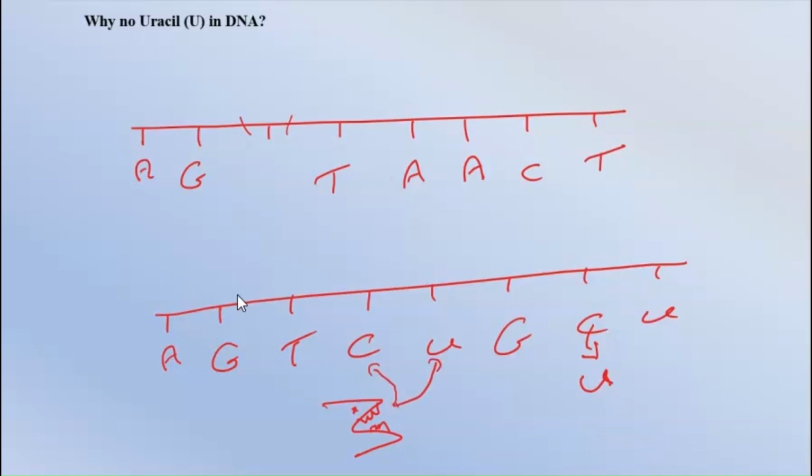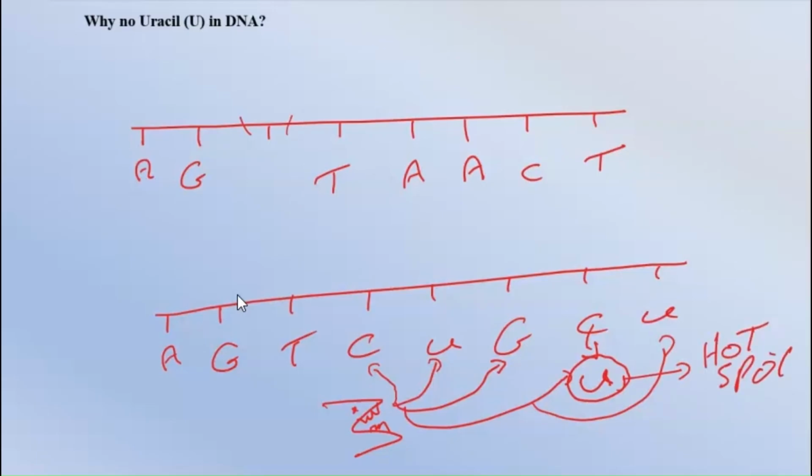It sees a uracil, fine, you're where you're supposed to be, guanine, and then it comes here and sees a uracil. It thinks to itself, well, uracil is normal, and so it just keeps on moving. It does not fix this uracil right here. So this uracil is going to be a hot spot for mutation. It can cause severe problems. This is spontaneous cytosine deamination, and that's one of the more important reasons why we do not use uracil in DNA.